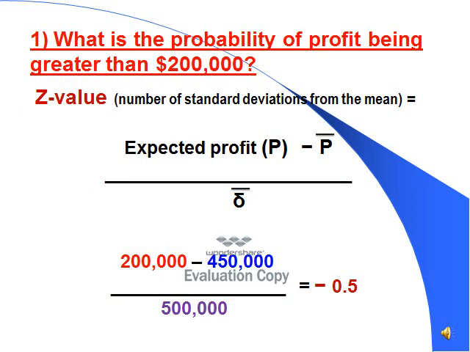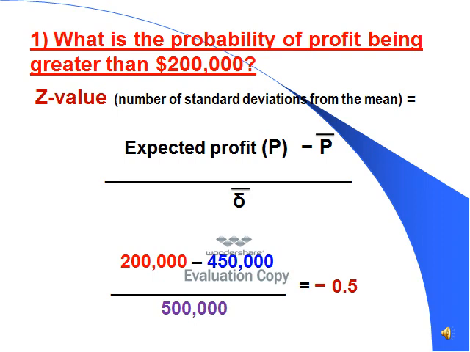To solve required number 1 about the probability of profit being greater than 200,000, you must calculate Z value. Z value equal expected profit B minus B bar, B bar is the mean of profit, divided by sigma bar. Sigma bar is the standard deviation of profit.